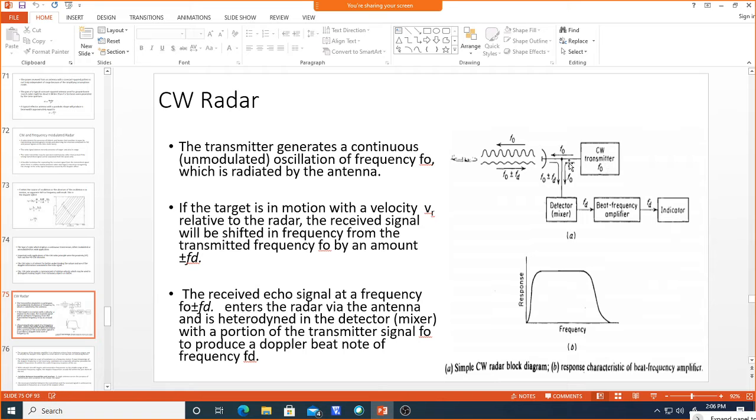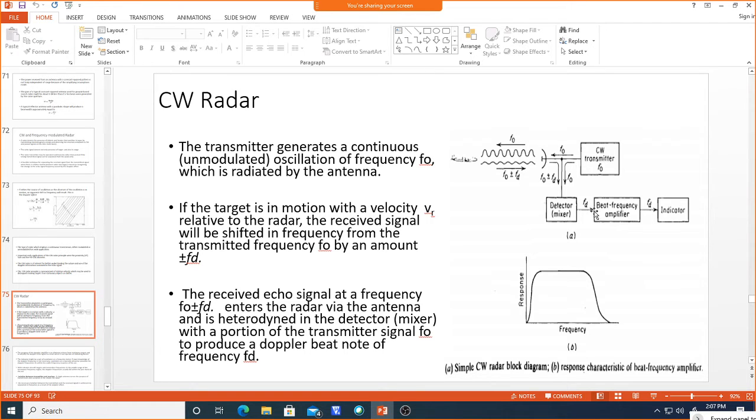With reference to the signal which was transmitted earlier, if you multiply the echo with the reference signal, you can detect the Doppler frequency given by the echo signal.